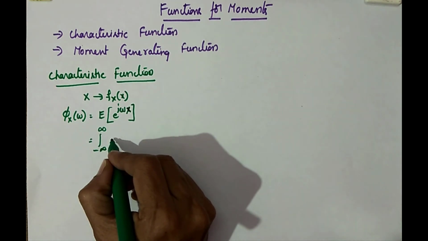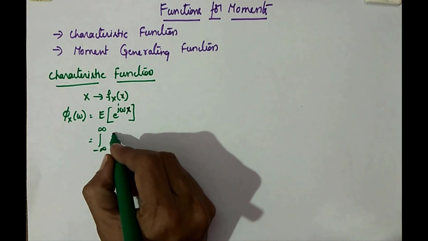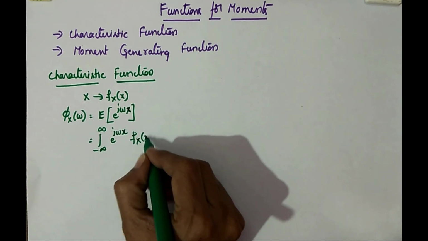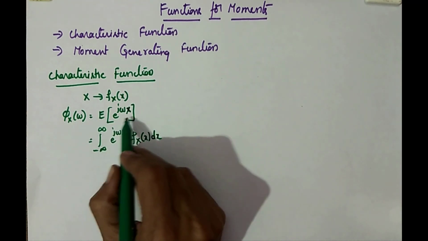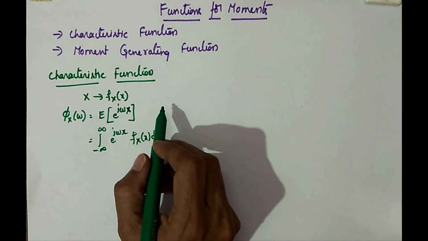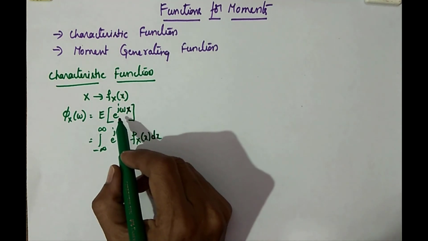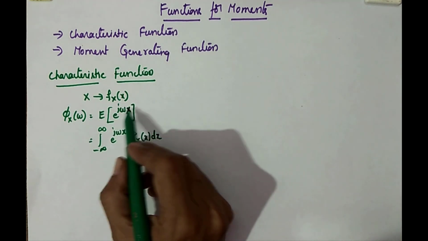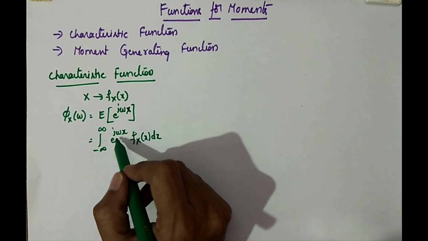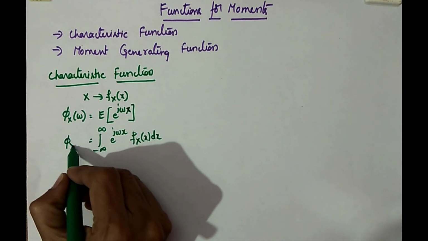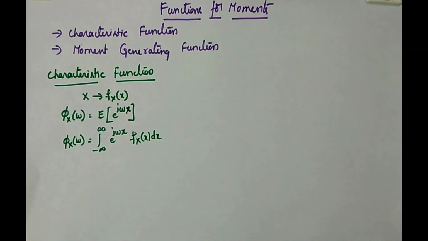The expectation of e power j omega X is, I am writing the general formula, the integral from minus infinity to infinity of e power j omega x into fX(x) dx. Because we know the expectation of X is the integral from minus infinity to infinity of x into fX(x) dx. In the place of small x we have here e power j omega x. So this is your characteristic function phi X of omega.